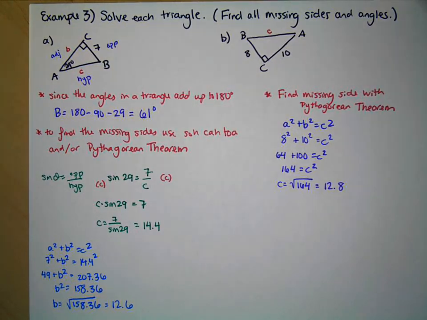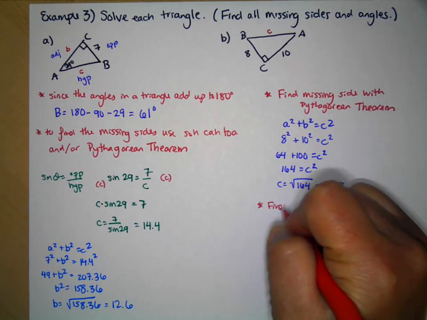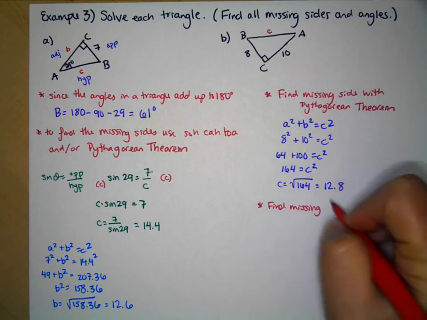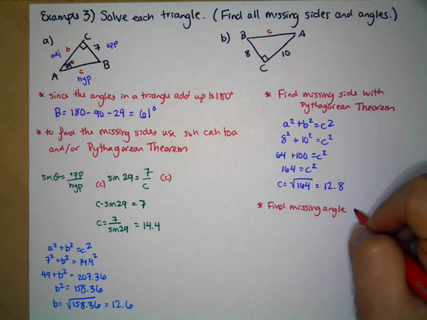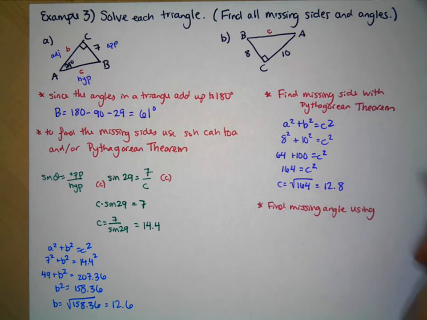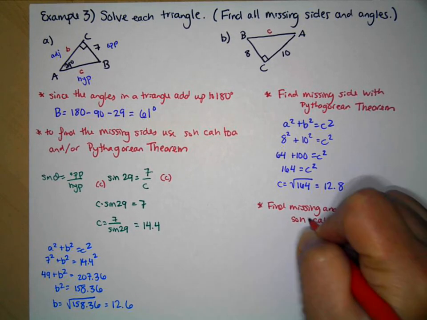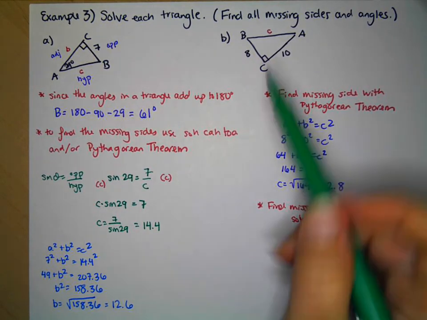Now we know all the sides, we need to find an angle. So we're going to find one of our missing angles using SOHCAHTOA. You can choose what angle that you want to find.